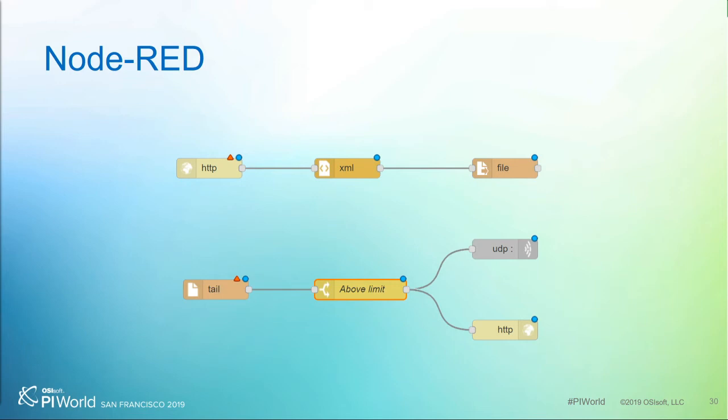You can monitor a specific file, and if the file has a value that's above a specific limit, it can trigger a UDP packet or make an HTTP request for you. So you can easily drag and drop boxes. So let's see it in real life.